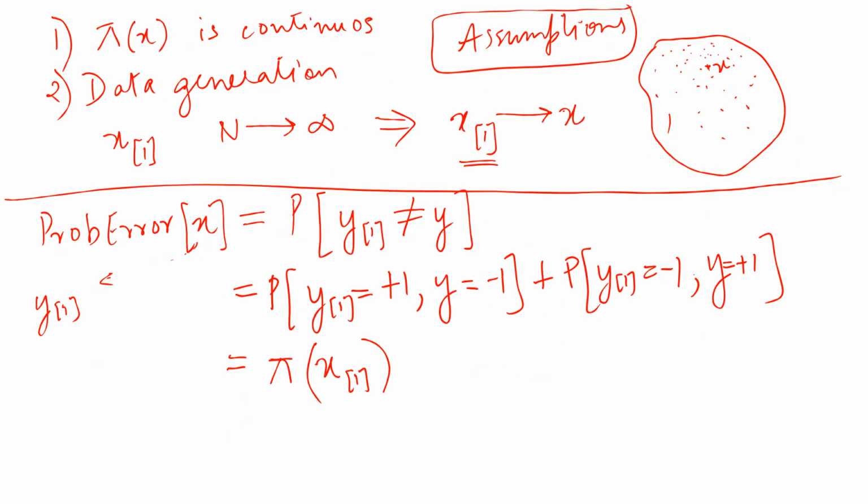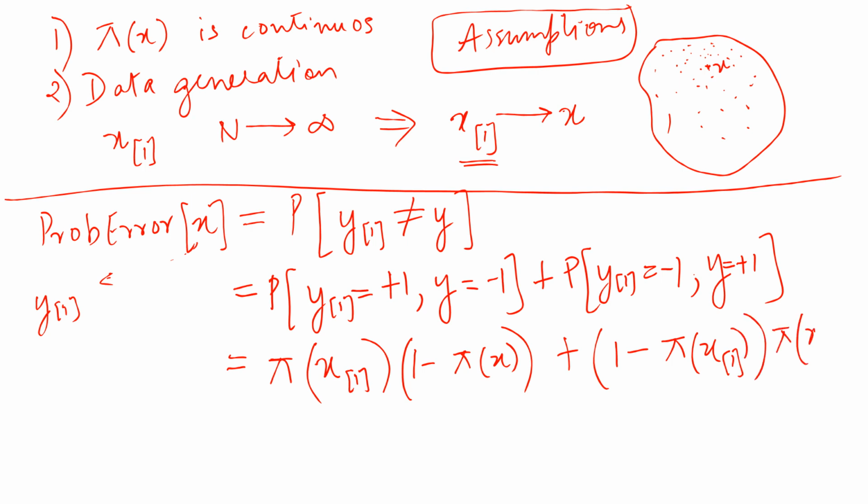And then the other case is going to be 1 minus pi of x. So this is going to be multiplied by 1 minus pi of x, plus this one is going to be 1 minus pi x for this test point, and then the entire pi of x as it is.